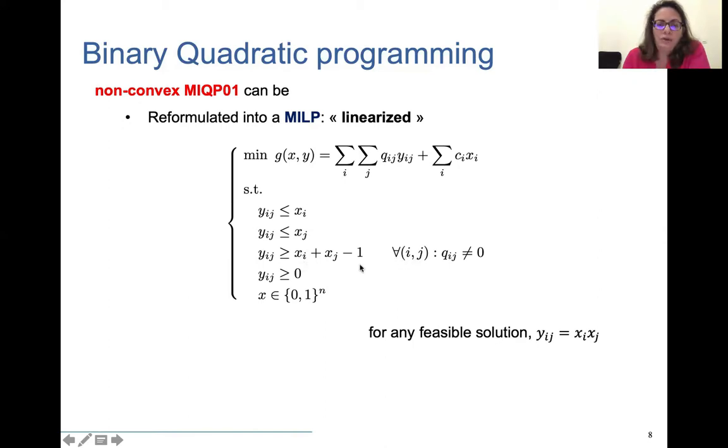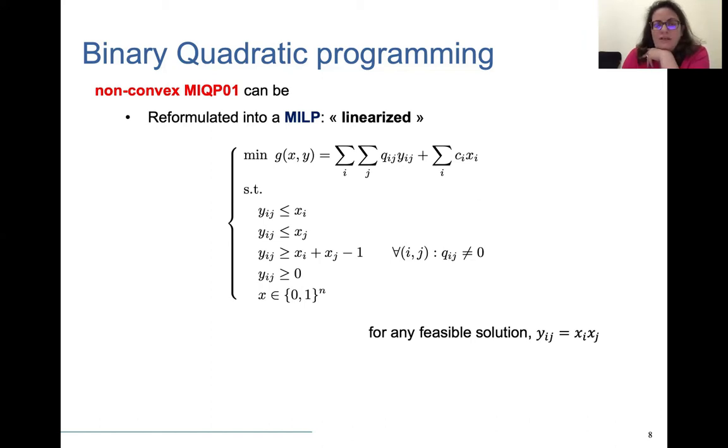And it is very well known that for any feasible solution, from these inequalities, you can deduce this relation between the new variables and the product of variables. So this problem is equivalent to the first one, because by solving this problem, you solve the initial one.